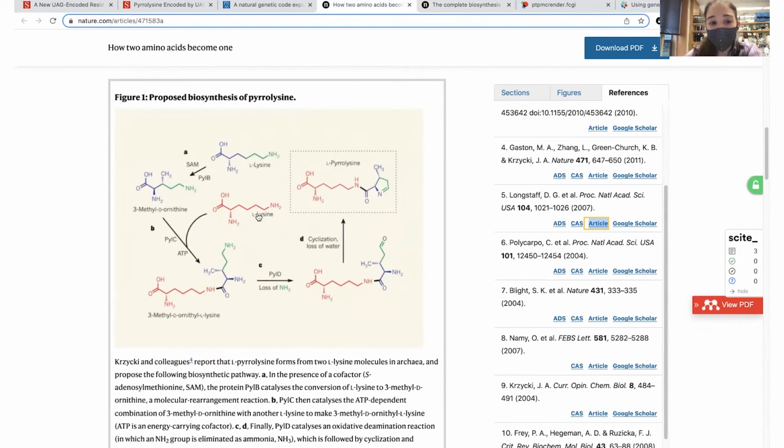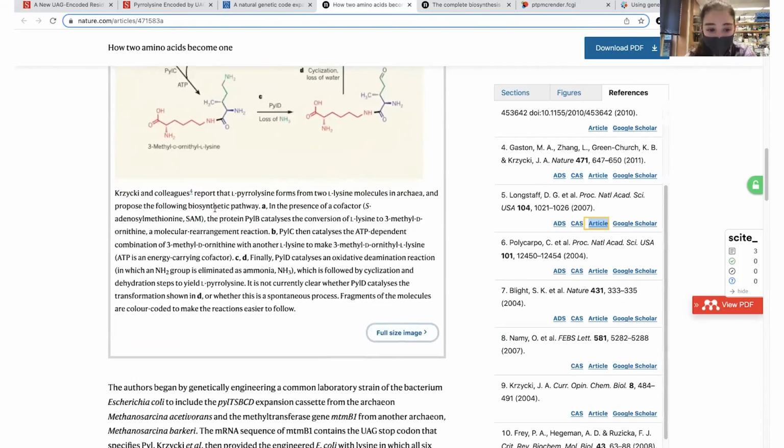And then they were able to analyze the protein using mass spectrometry. Because you have the labeled lysine, it'll be heavier. Basically they found that the pyrrolysine in the protein was all heavy, so it was coming just from lysine.